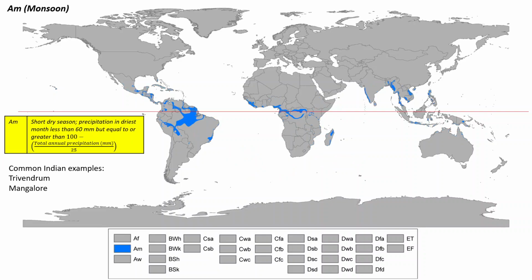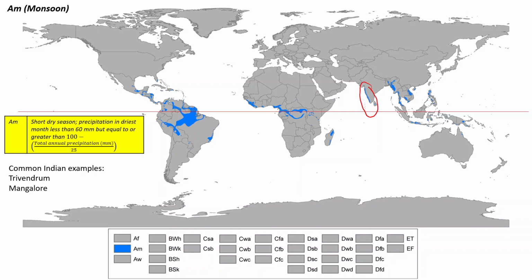The Am, or the monsoonal season, here the precipitation in the driest month has to be less than 60 millimeter, but equal to or greater than the same formula. Common Indian examples are Trivandrum and Mangalore. So if you see over here, the west coast of India is a typical Am type of climate.